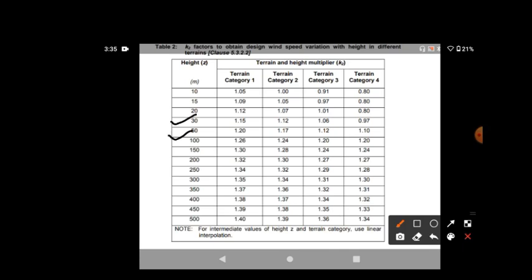Our height of 33 definitely lies between 30 and 50. For 30 meter K2 is 1.12, and for 50 meter it is 1.17. So we can use the method of interpolation and easily find the value for 33.